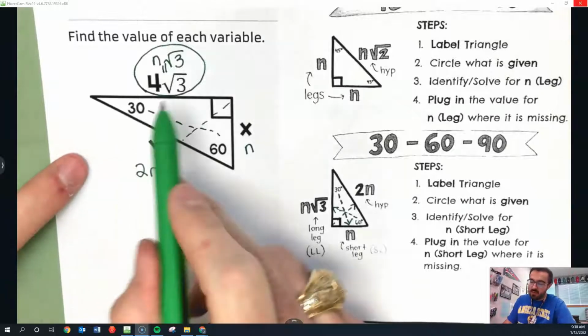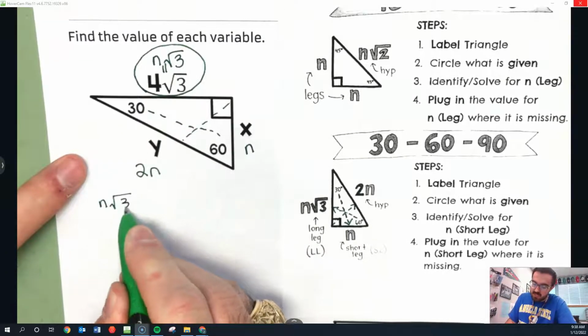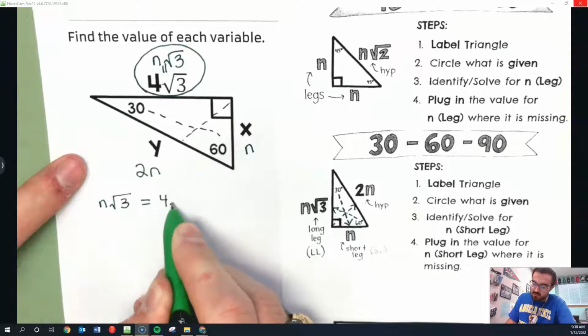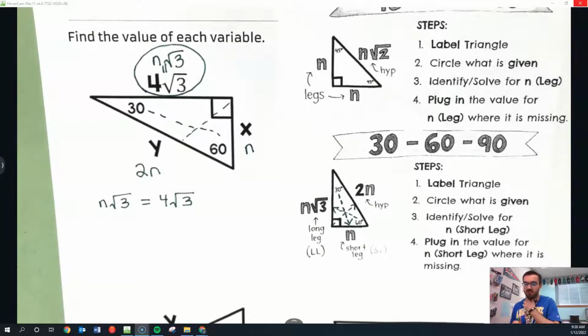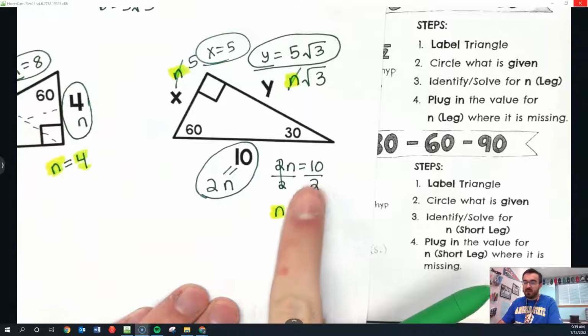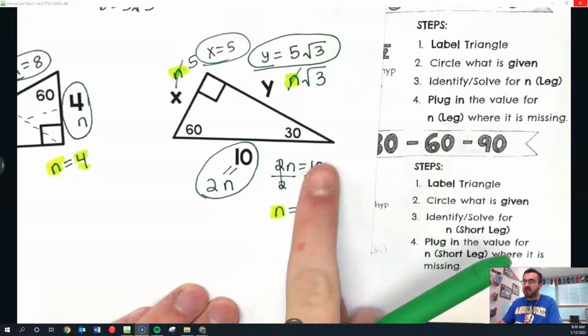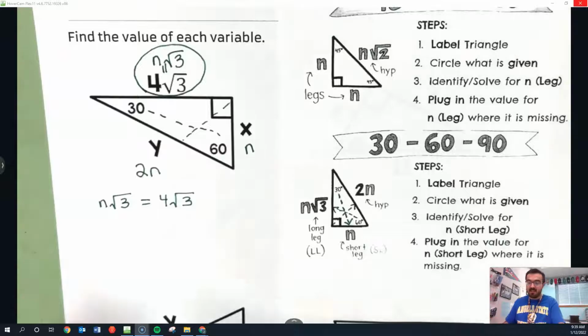Okay, so if this is my label, here's my equation. N square root of 3 equals 4 square root of 3. So if you remind yourself, last time we made an equation to solve for n. What did we do? We divided both sides by something because n was not by itself. We're going to do the same thing here.